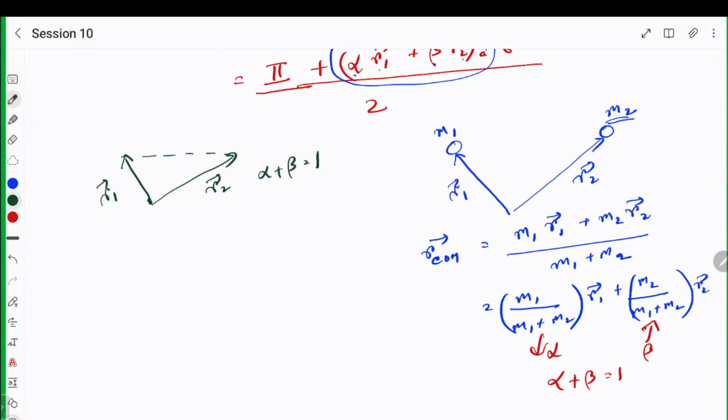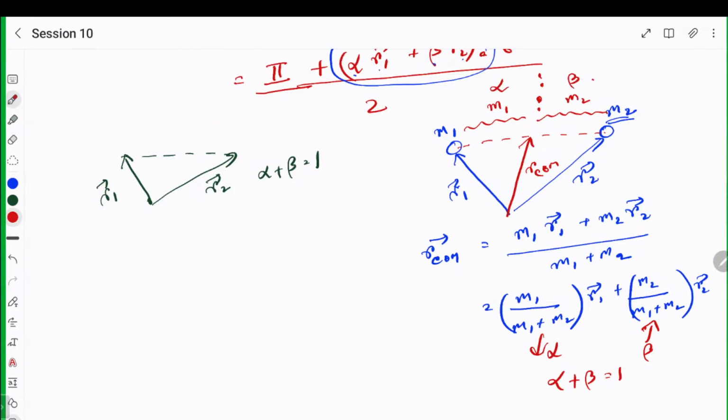And as you know from classical mechanics, R_COM will lie on the line joining m1 and m2. So R_COM would lie here, and it would divide this line in the ratio m1 is to m2, or in the ratio alpha is to beta.